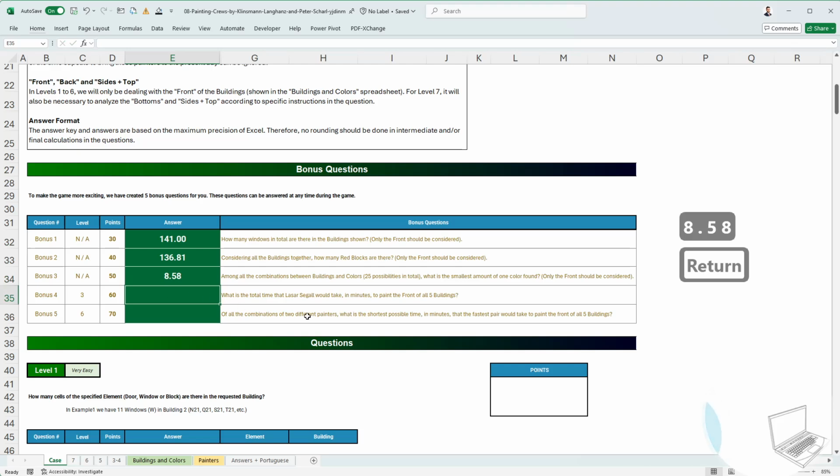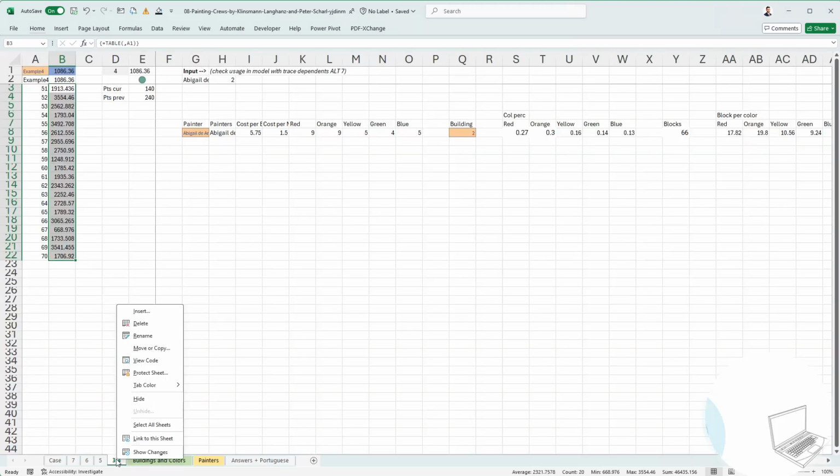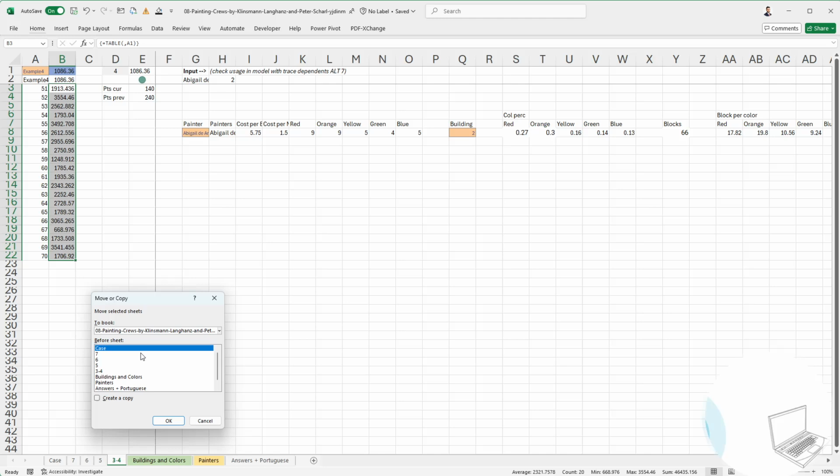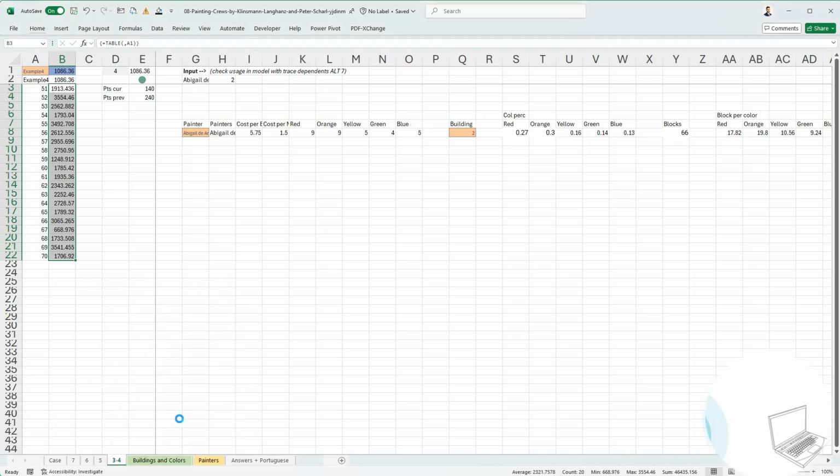It is the total time that Lazar Segal will take in minutes to paint the front of all 5 buildings. So this is bonus 4.